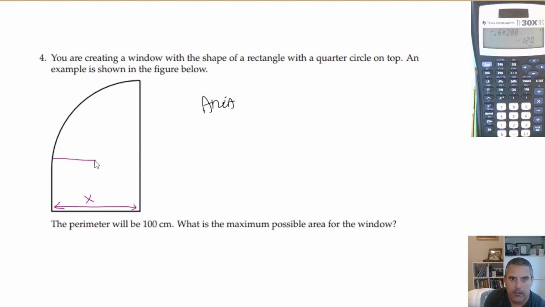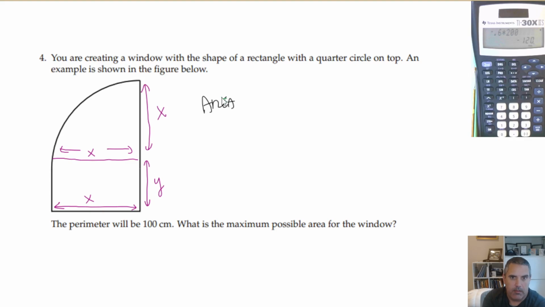I think I would want to label this y. Maybe I should label the whole thing, but this is the radius. So that means this is also x. So that's a little tricky about how to label. There's other correct ways to label it.